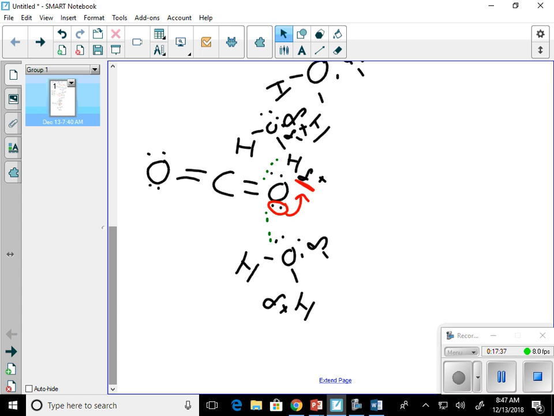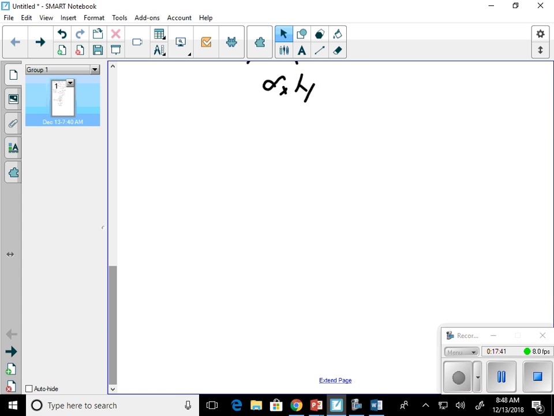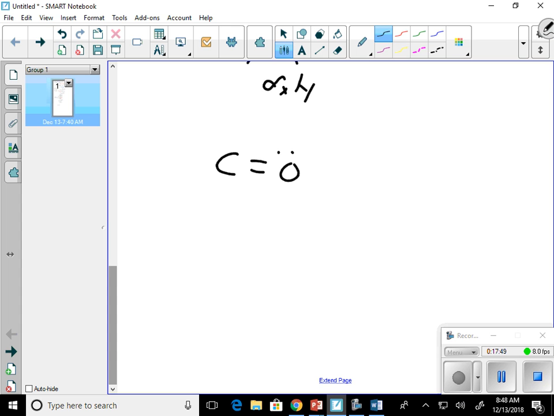The last force that was on that page is called the dispersion force, and dispersion forces is something that we did go over in Chem 1. Again, if I use carbon dioxide as an example, carbon dioxide is nonpolar.